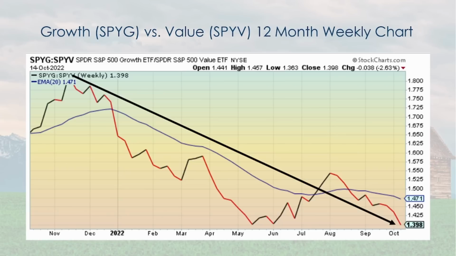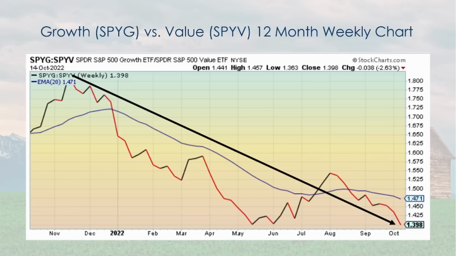The S&P 500 has growth stocks in it, and it has value stocks. Growth stocks are focused more on revenues. Value stocks are more focused on profit. This is a 12-month chart, and over this period, going back about 11 months, you can see that growth has been out of favor.